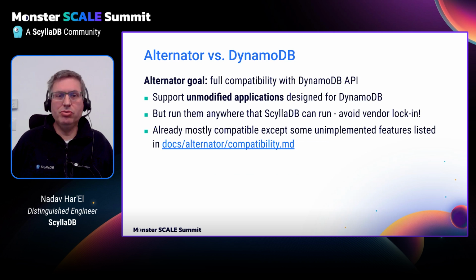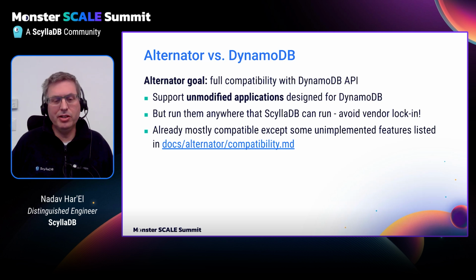And the goal of Alternator is to have full compatibility with the DynamoDB API. The goal is to just support unmodified applications that were designed for DynamoDB. So the user can take an existing application written in whatever language and using an existing Amazon SDK to make the request and just run it against Alternator instead of against AWS.